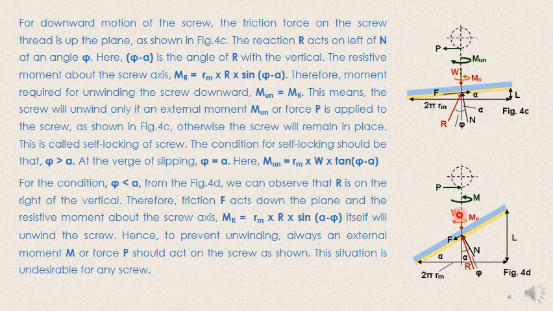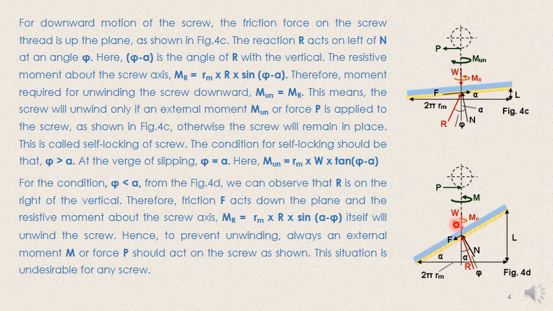If you calculate the moment of this R about the screw axis, then this resisting moment comes out to be Rm into R sine alpha plus phi. But what is its nature? Its nature is in this direction. That means to resist this particular moment, you require a moment in this direction to prevent it from coming down.